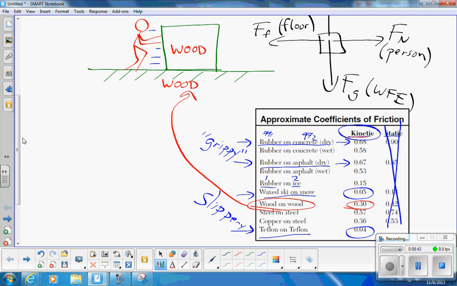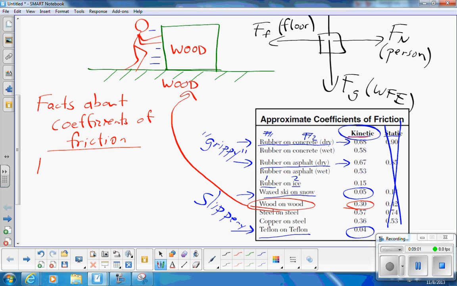So let's just say a couple facts about these coefficients of friction. I'm just going to write a couple of facts. These are sort of conceptual facts or bookkeeping facts. The first fact is that a low value means that these two materials are slippery when in contact.